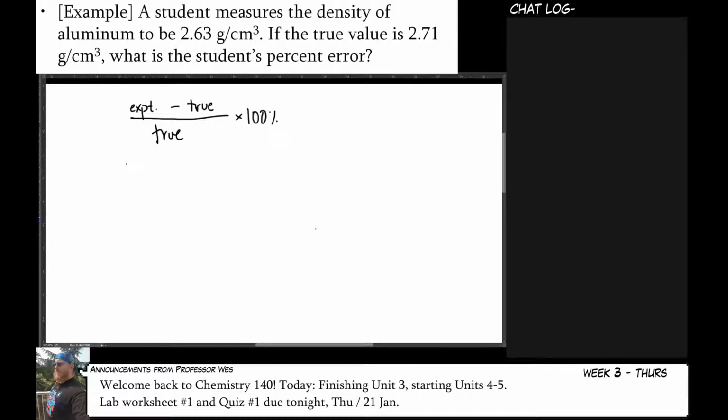So our experimental value is 2.63 grams per cubic centimeter. The true value was 2.71 grams per cubic centimeter. And we're dividing by the true value again, so I put the number over here. Times 100%.